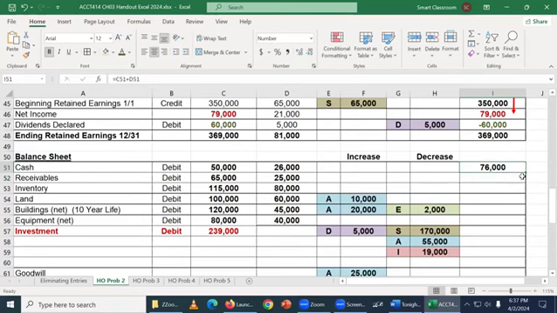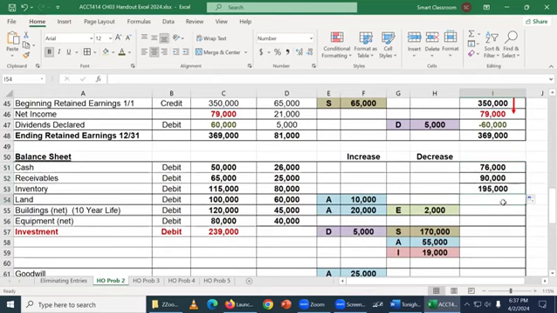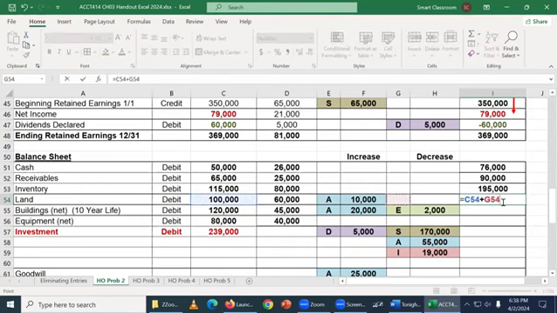So 76,000 of cash. Okay, land will be 100,000 plus 60,000 plus 10. Was it 170?